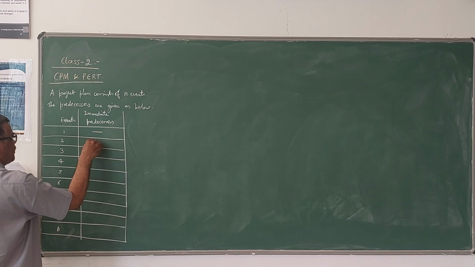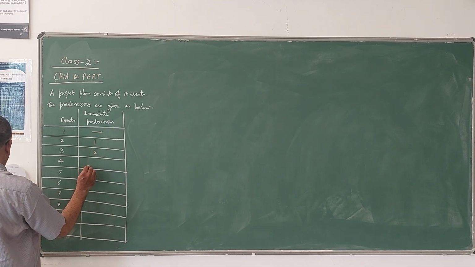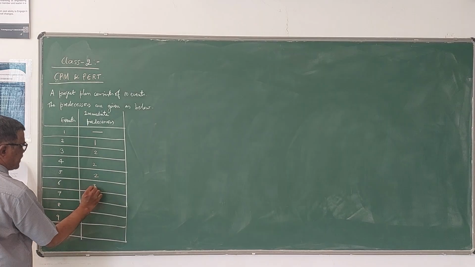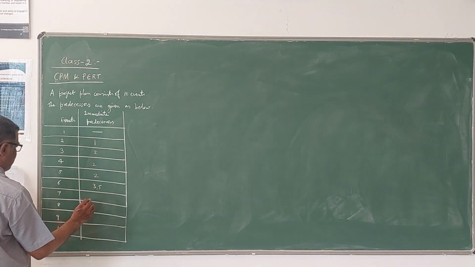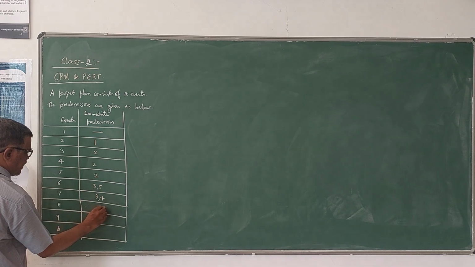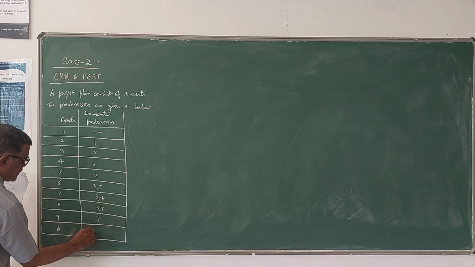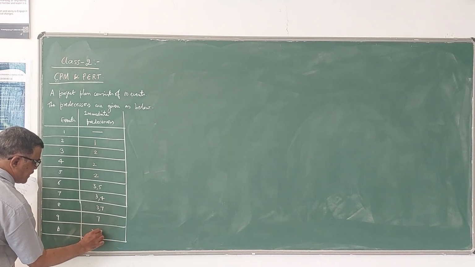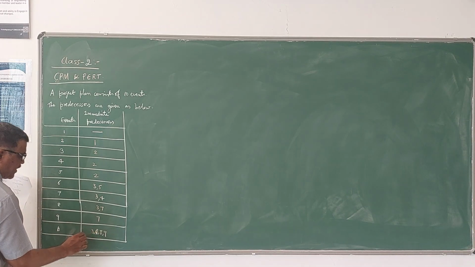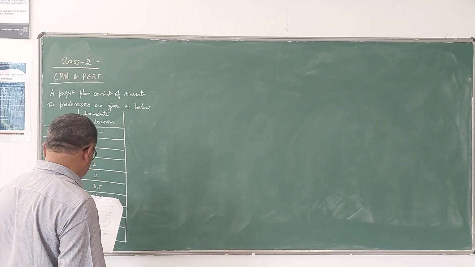For 2, immediate predecessor is 1. For 3 it is 2, for 4 it is 2, for 5 it is 2, for 6 it is 3, 5, for 7 it is 3, 4, for 8 it is 3, 7, for 9 it is 7, for 10 it is 3, 6, 8, 9. So these are the events and predecessors.